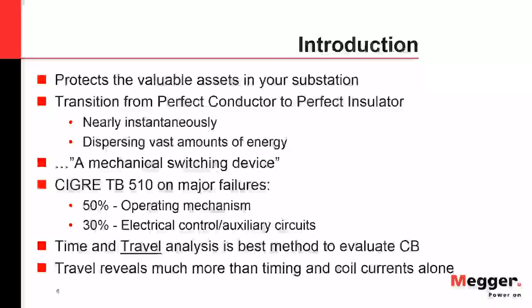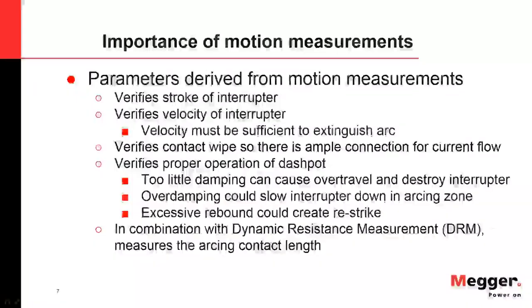So this is the type of information that will be revealed by time and travel measurements. And so not just timing, but as we said, travel measurements, your transducer. So travel reveals much more than just your timing and your coil current measurements. So now we're talking about motion.